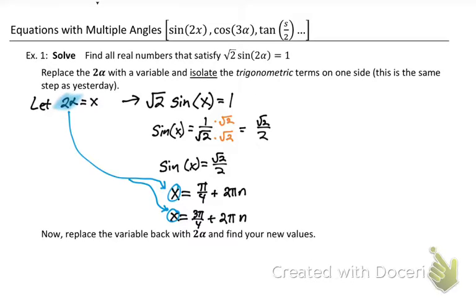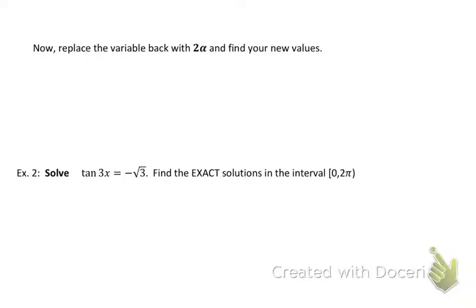I'm going to do that in the next space down here. So I'm now going to have 2 alpha equals that pi over 4 plus 2 pi n. And I'll also have that 2 alpha equals 3 pi over 4 plus 2 pi n.